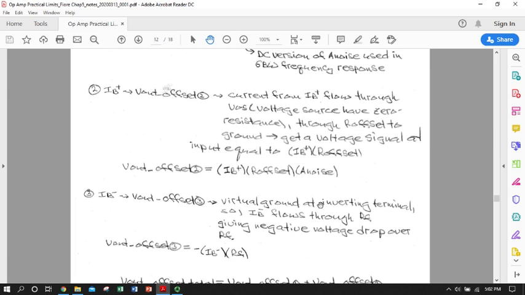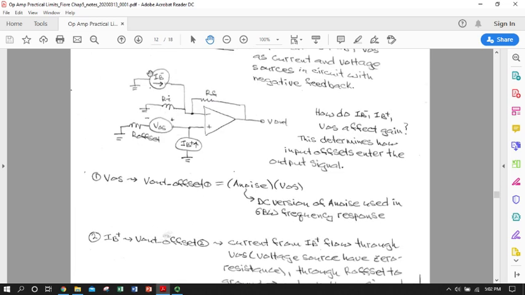Even though we're backing off of ideality, we can still say we've got pretty much a virtual ground at the inverting terminal. So this current is going to end up flowing to the output through the feedback resistor. It's going to act pretty much the same way that a signal current would, going to the virtual ground and on through.